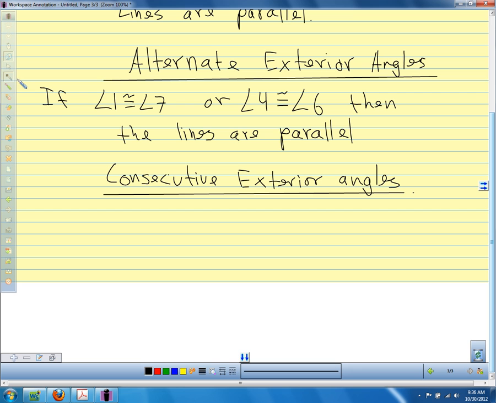What do we know about consecutive or same side exterior angles? They're supplementary. You knew they weren't congruent, but they're supplementary. So we're going to turn that around, and we're going to say that if our same side exterior angles, the measure of angle 1 plus the measure of angle 6 equals 180, or on the other side, the measure of angle 4 plus the measure of angle 7 equals 180, then the lines are parallel.